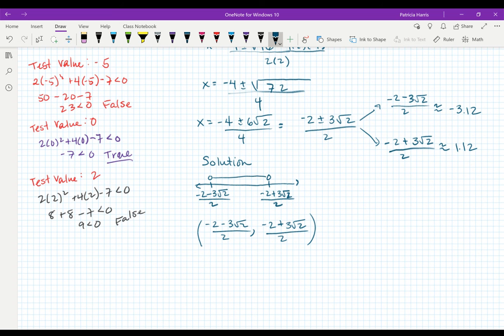Inequality notation would look like this. This is an and statement, by the way.